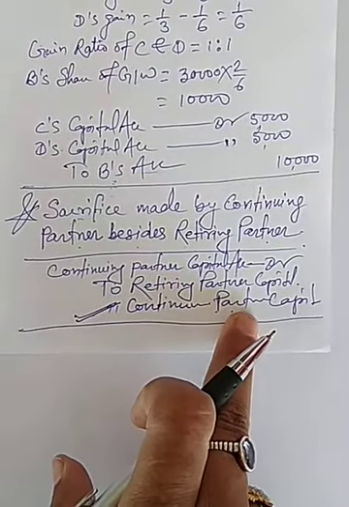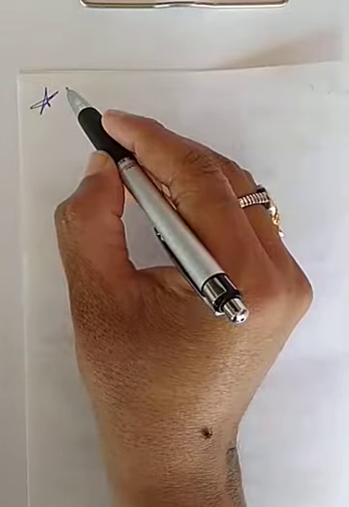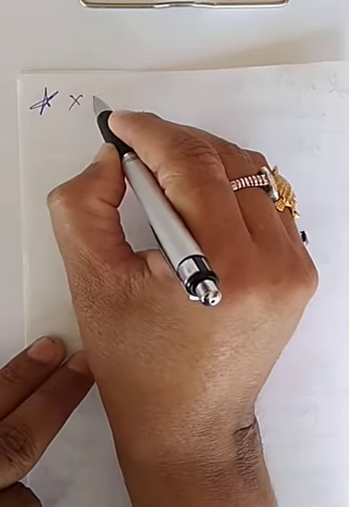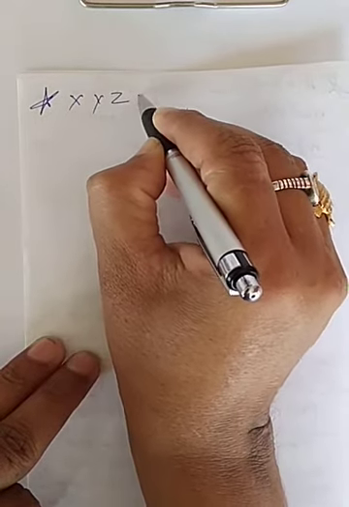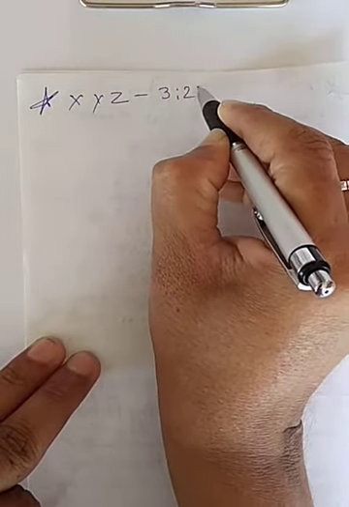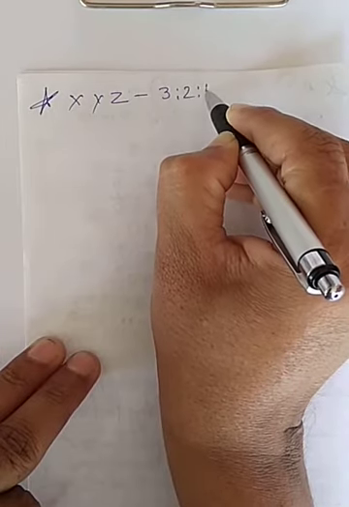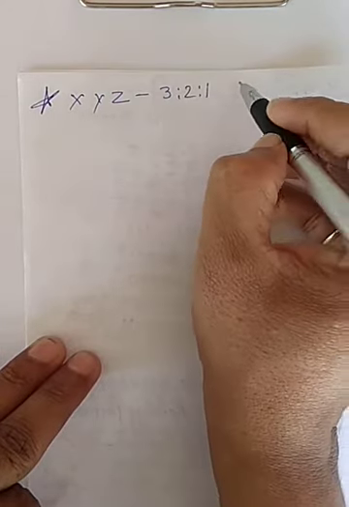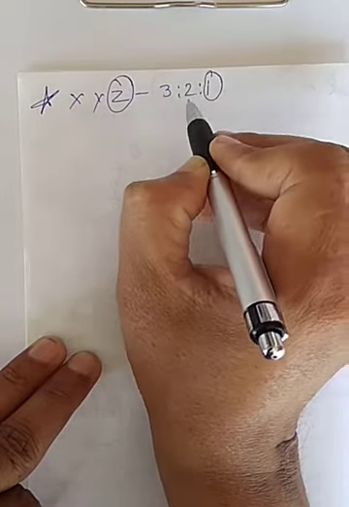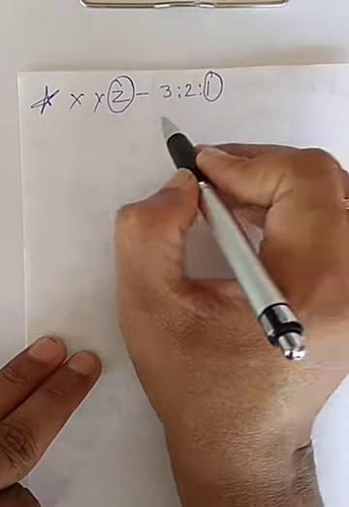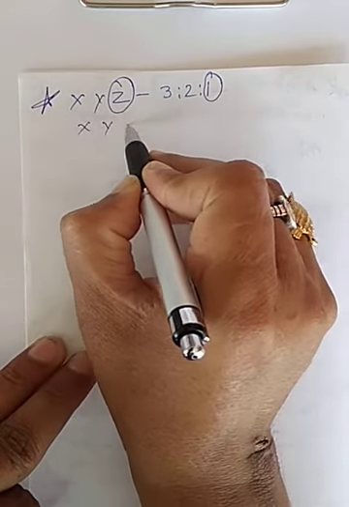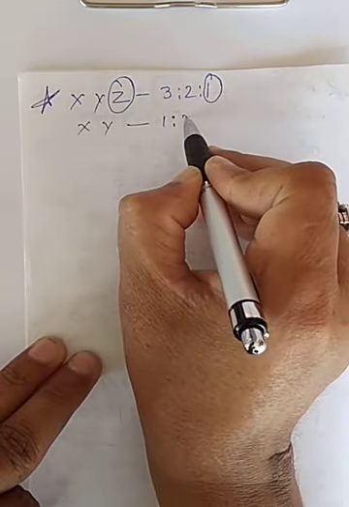So see one more example and practical problem. Suppose X, Y and Z are partners in a firm in the ratio of 3:2:1, and Z retires from the firm, and the new profit sharing ratio between X and Y will be 1:2.